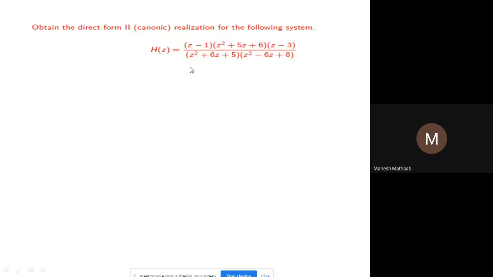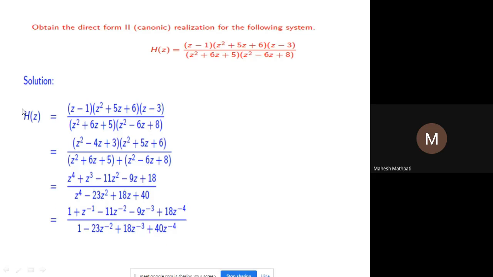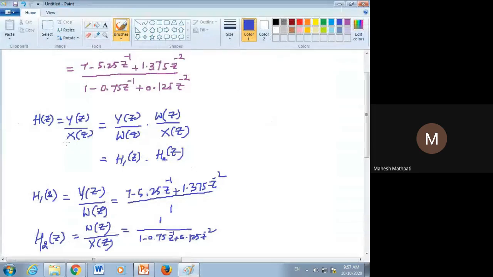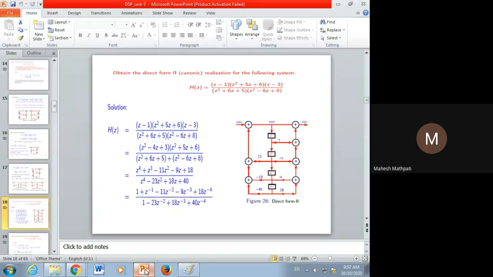So how do we calculate that? Okay, so let us do this part. Have you noted the equation? Have all of you written the question?